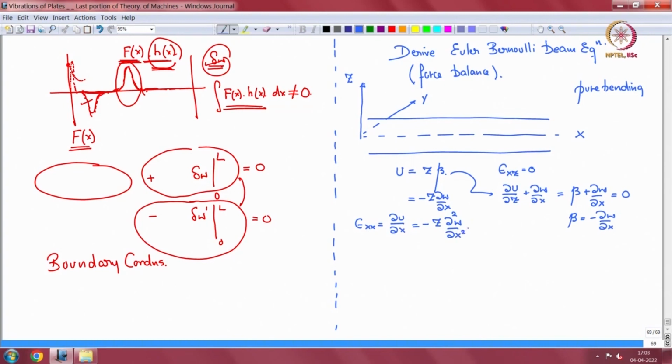Just to remind you, by arguments we have set all other stresses except sigma xx to 0 and all strains except xx to 0. That's our starting point. Now, if del w by del x is positive and z is positive, that means I am somewhere over here, then my u is negative.